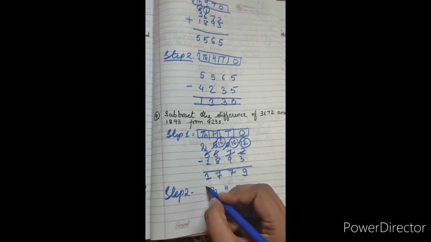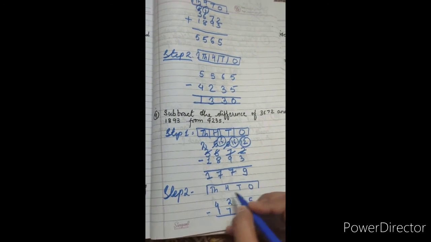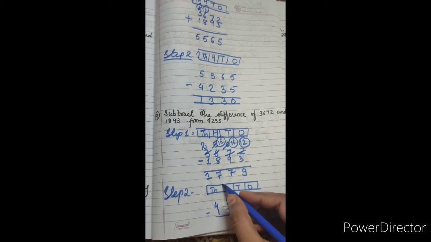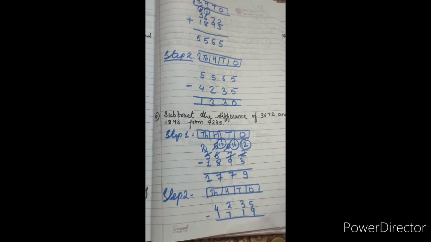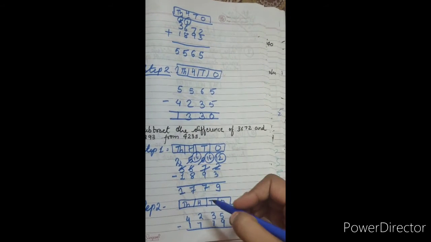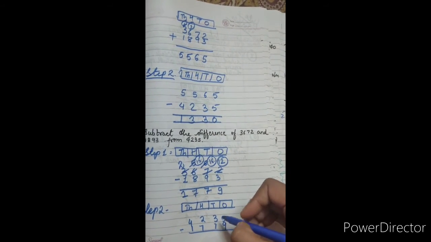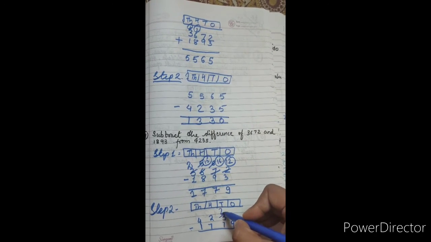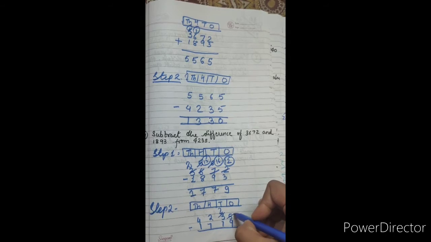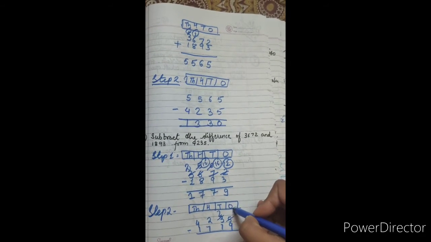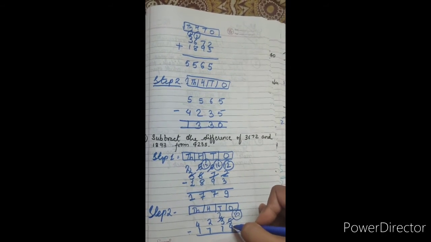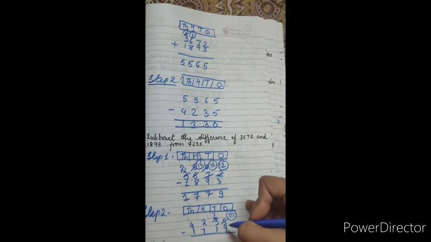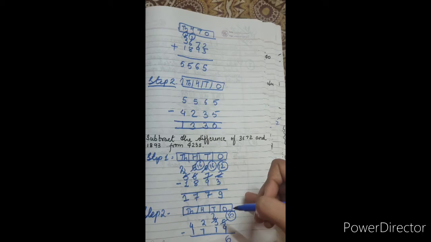Now we are subtracting ones. So we want to subtract 9 from 5. So 5 is less than 9. So from the tens we borrow 1 ten. 2 tens are left and 1 ten plus 5 ones becomes 15 ones. So 15 minus 9 is 6. So write 6 under ones column.